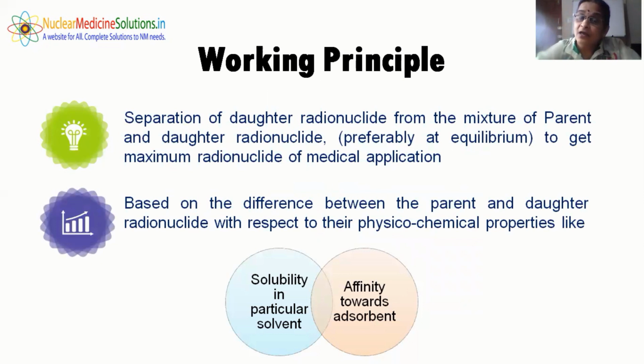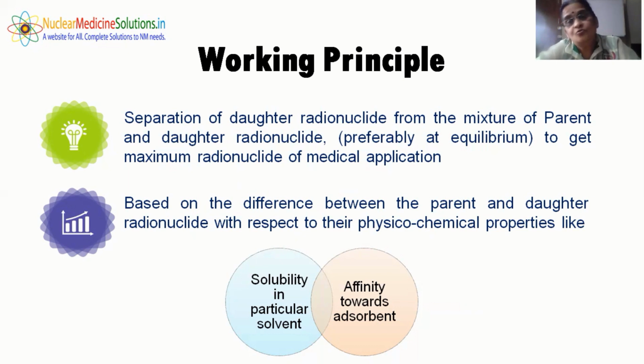Now for the working principle. The separation of the daughter radionuclide from the mixture of the parent and the daughter radionuclide, preferably at equilibrium, to get maximum radionuclide of medical application. This is based on the difference between the parent and the daughter radionuclides with respect to their physico-chemical properties, like solubility in a particular solvent or affinity towards any adsorbent.